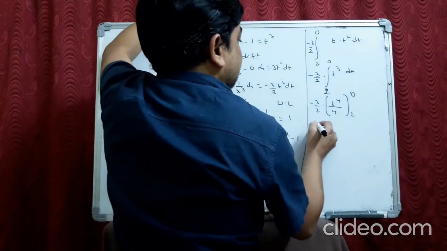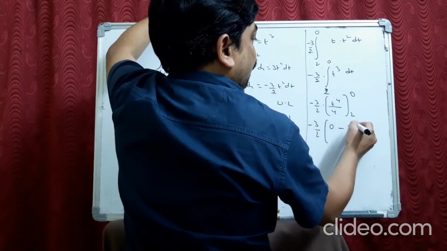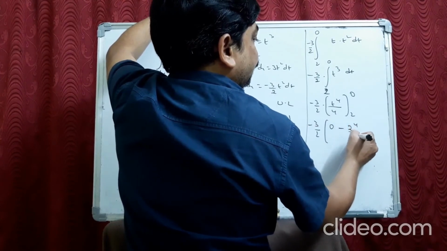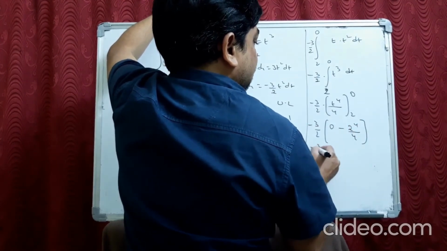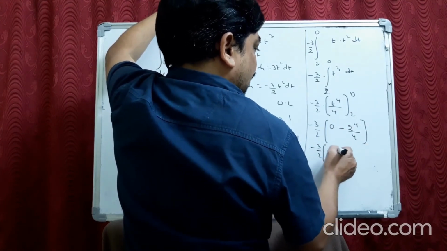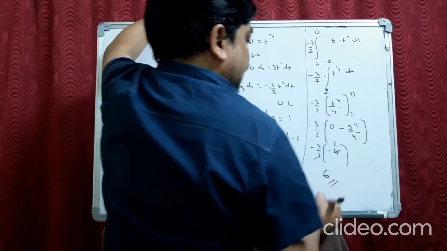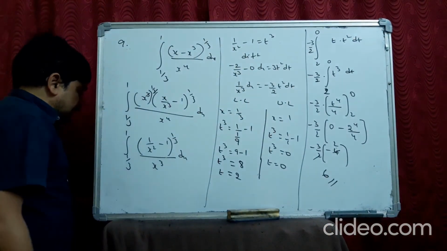So it becomes minus 3 by 2, 0 minus 2 power 4 by 4. So minus 3 by 2 into minus 16 by 4. Minus 16 by 4 is minus 4. You can cancel this. It is 6. The answer is 6 here.